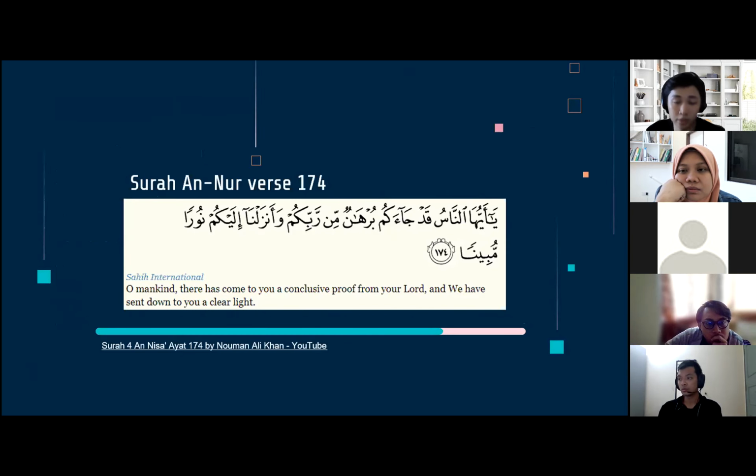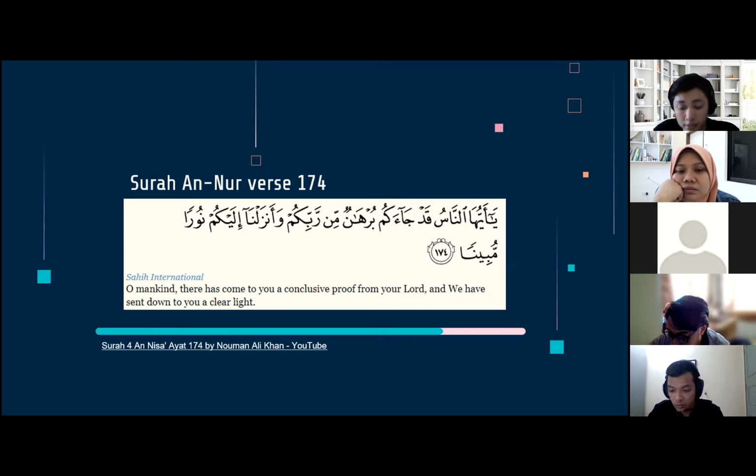So for the Islamization, in Surah An-Nur, verse 174, A'udzubillahi minasyaitonir rajim. Ya ayyuhan nas qad ja'akum burhanun min rabbikum wa anzalna ilaikum nuran mubina. And the meaning is, oh mankind, there has come to you burhanun.